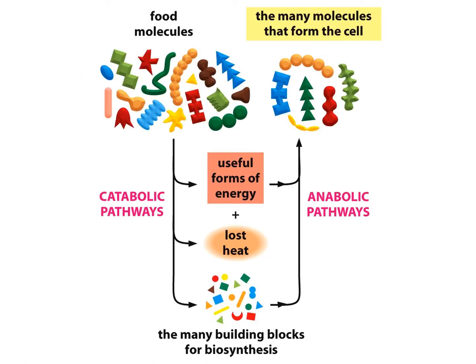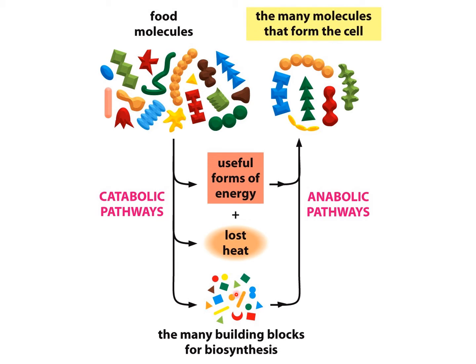So here's just a really nice overview of what's happening in your body with these catabolic and anabolic reactions. So we've got some food that you've eaten. Maybe you've had some Lucky Charms for breakfast here. And in your digestive tract, you're going to do some catabolic reactions and break down your food into smaller molecules so you can absorb those.